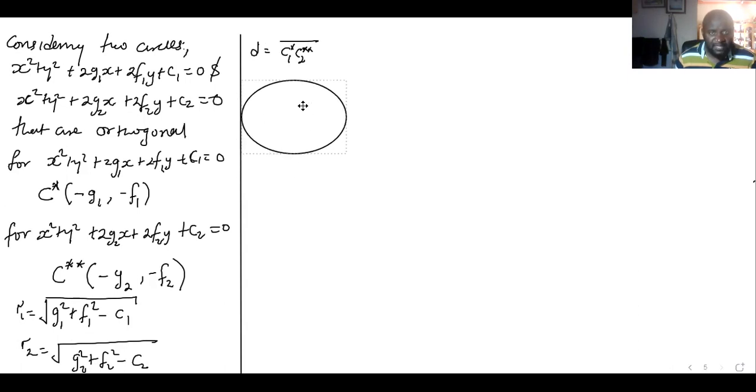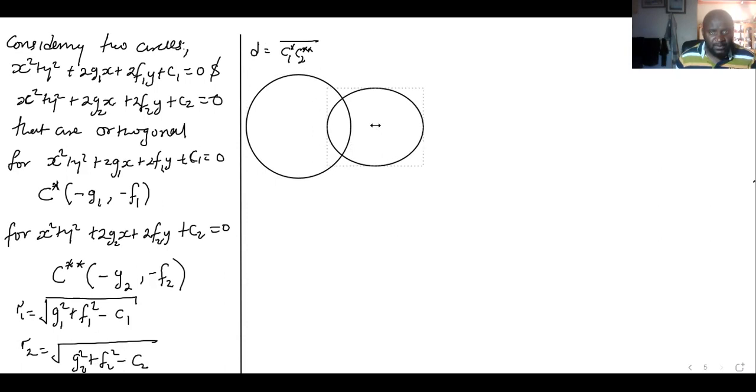We have seen that if these are our centers, these are our circles, we can have a line joining our two centers, C1 and C2. We can have their diameter, tangents coming in from there. We can have also this one coming in from up there. And also recall, this is supposed to be what?